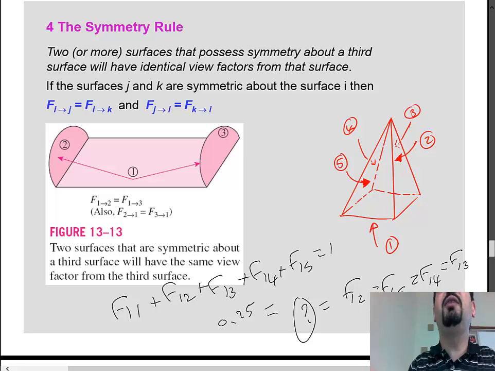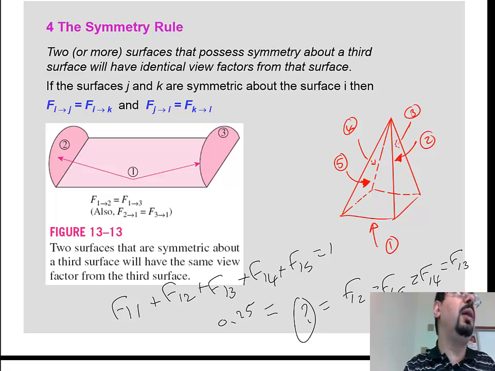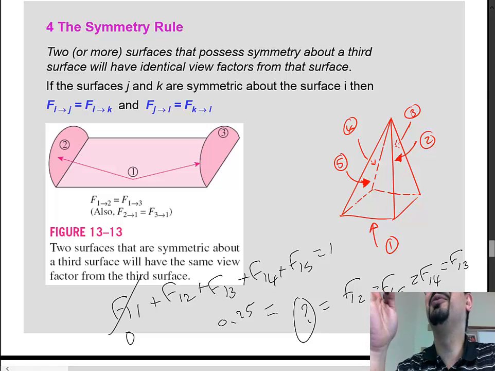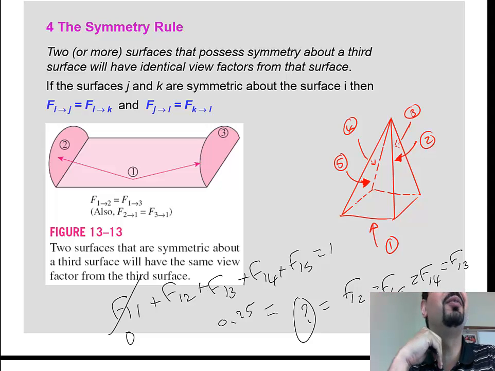Right? The radiation leaving 1 to everyone needs to be 1 at the end of the day. And on top of that, he used the fact that F11 is 0 because it cannot see itself. And so he realized that all those guys are 0.25. And he got a free homework. Alright?